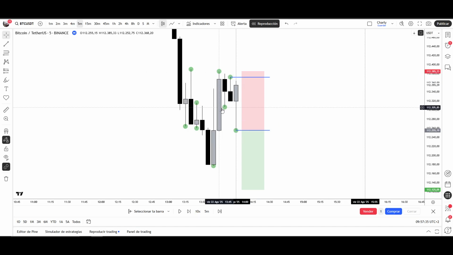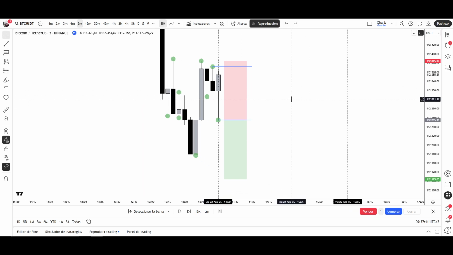Right here we have first impulse, first pullback. Second impulse, second pullback with the same bullish candle. Therefore, we have the bearish rule of the third as a sell stop that is already set at the closing of this candle. And also this bullish break of structure is set as a buy stop at the closing of this bullish candle also.